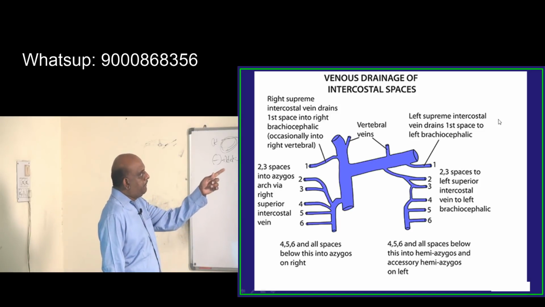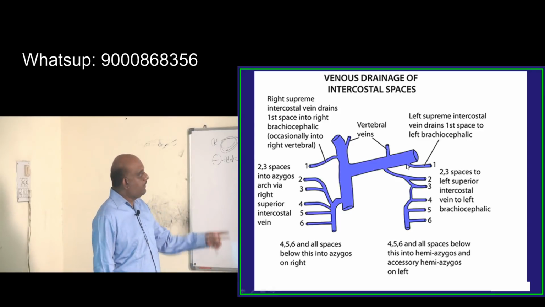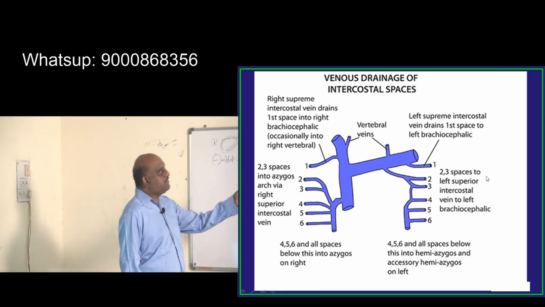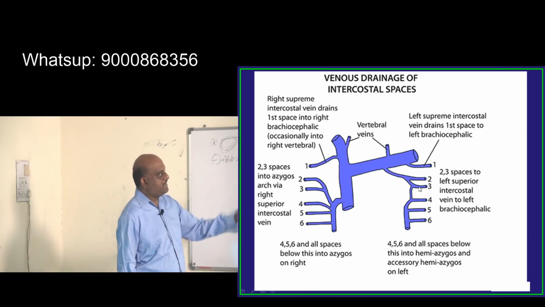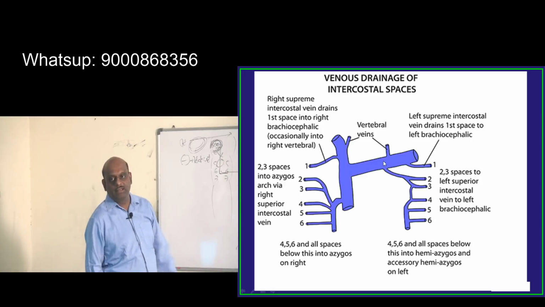Left supreme intercostal vein drains the first space and it also goes into left brachiocephalic. Then second and third spaces, they go to left superior intercostal vein and ultimately to the brachiocephalic.